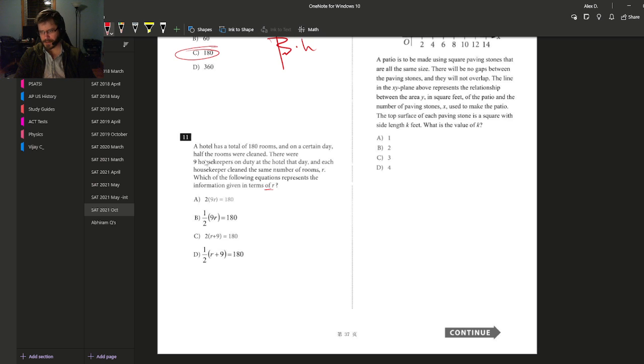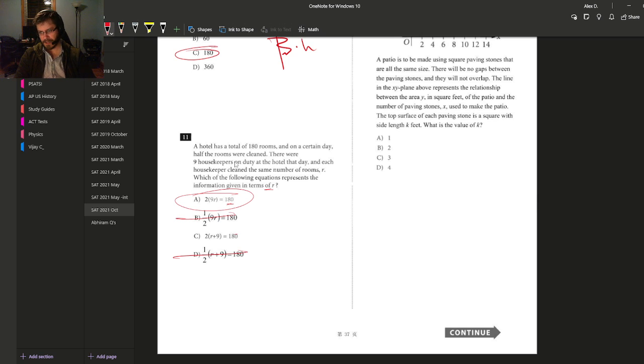Half of the rooms were cleaned. So if this function is meant to tell us that they cleaned half the rooms, if I divide that over, I should get half the number of rooms. So I know that this needs to equal 90. There were 9 housekeepers on duty, and they each claimed the same number of rooms r. So 9 times the number of rooms times 2 should equal the number of rooms total.